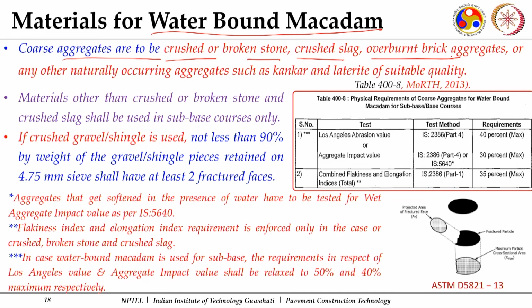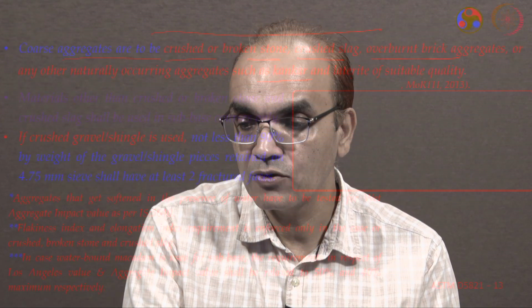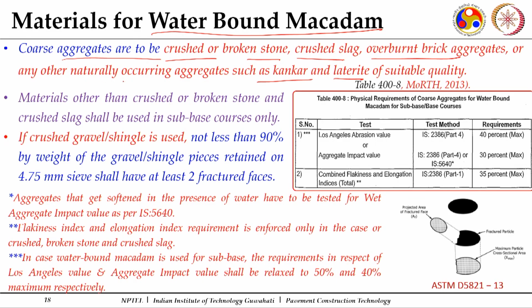Mizoram is one place where a good amount of brick aggregate is used in different construction applications. You can also use other naturally occurring materials such as concrete and laterite, and all have to be checked for their suitability.